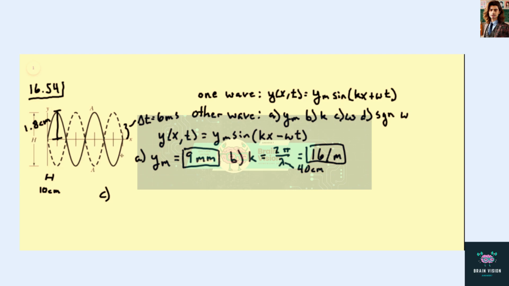So now the time for half of a full period, so a full period would be starting up here and then going down and coming back. So that means that a full period is going to be twice this time difference we're told, so 12 milliseconds.